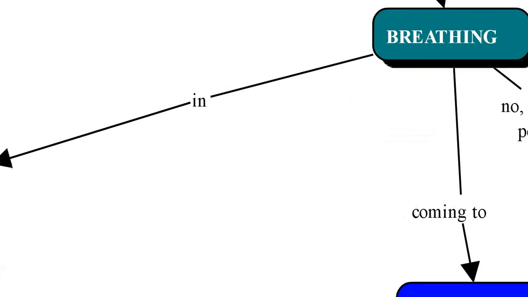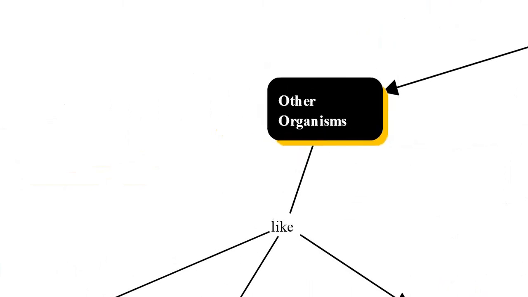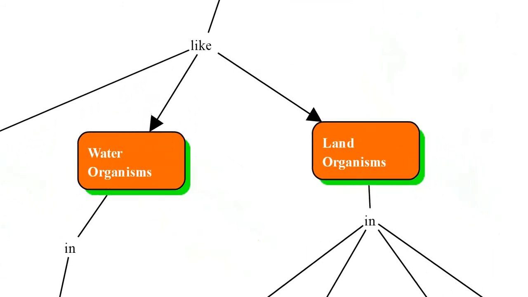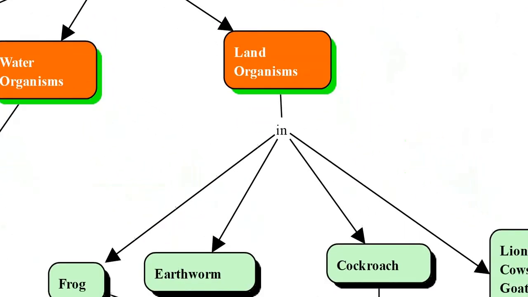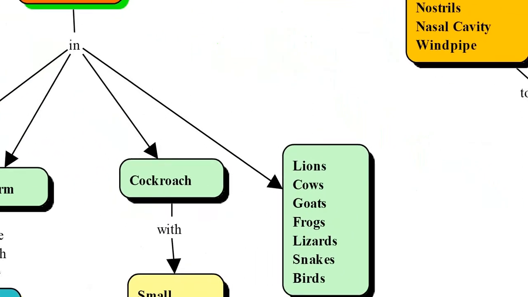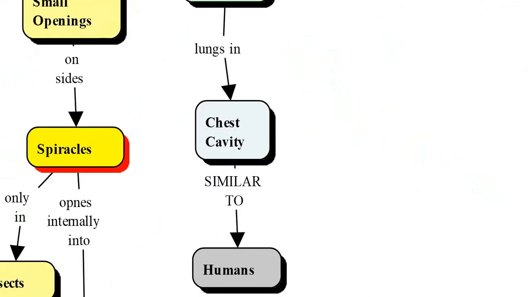Now let us look at breathing in other organisms. Other organisms like land organisms, water organisms and plants. First we'll look at land organisms. Now we'll look at lions, cows, goats, frogs, lizards, snakes and birds. In these organisms, lungs are present in the chest cavity, similar to us humans.